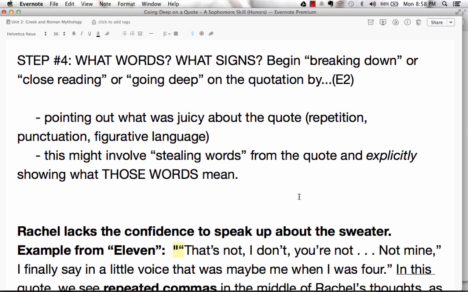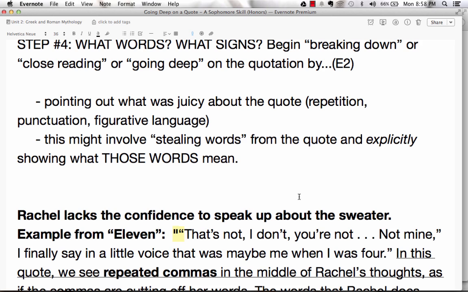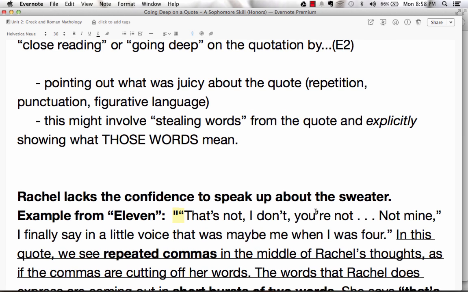Number 1, point out what was juicy about the quote. So point out those things: repetition, punctuation, figurative language. Call them out. It could also involve stealing words. So one way that you can trick your teacher, like me, into thinking that you're breaking down a quote is by saying the word golden shows us this.